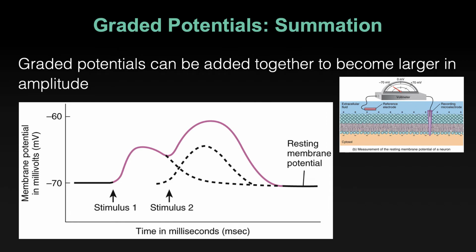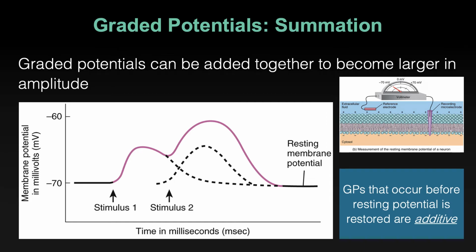And then you see a second one occur. If a second graded potential occurs before the first one has been resolved, it's additive. That is, it will still increase membrane potential on top of wherever the new starting point is.